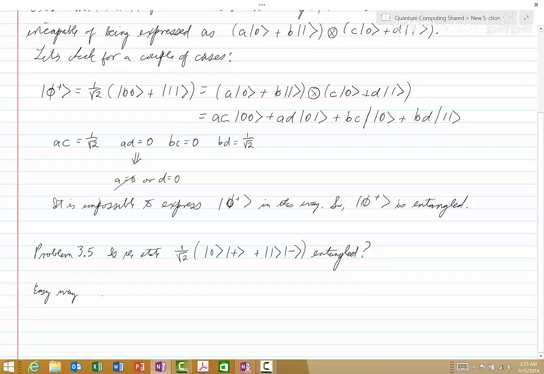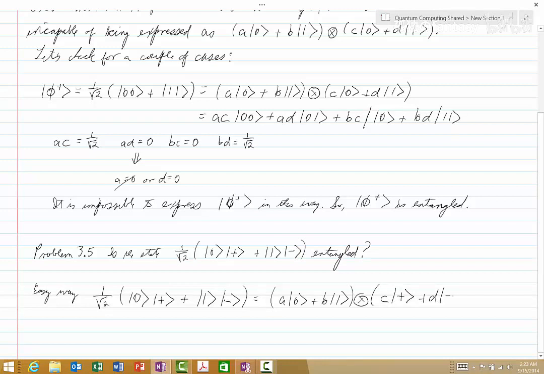I will try to express 1 over square root of 2 times (|0>|+> plus |1>|->) as (A times |0> plus B times |1>) tensor product with (C times |+> plus D times |->).